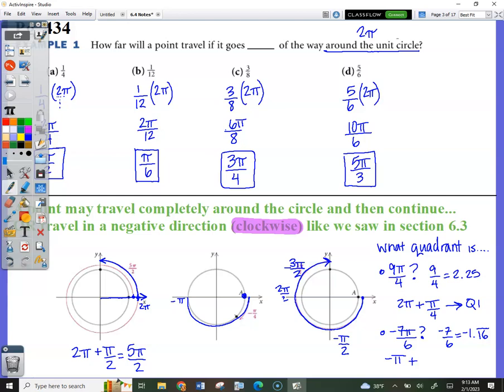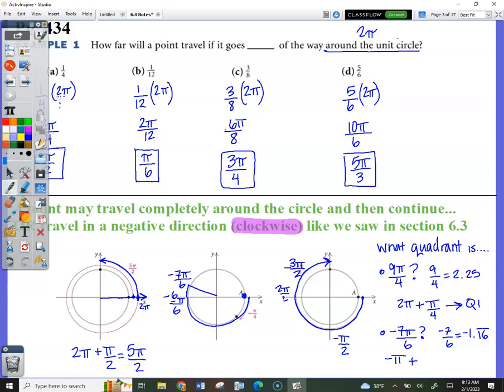Now count your fraction. This is 7 over 6. Don't worry about the negative. That's just the direction. This is 7 over 6. The whole part would be 6 over 6. Right? What equates to 1 with the 6 in the denominator? 6 over 6. Y'all with me? So it's going past that by 1 additional 6.